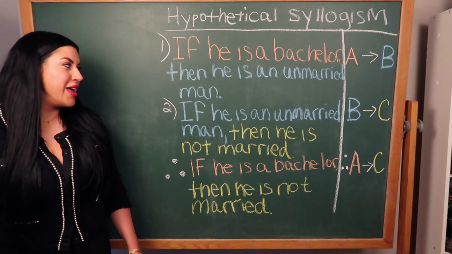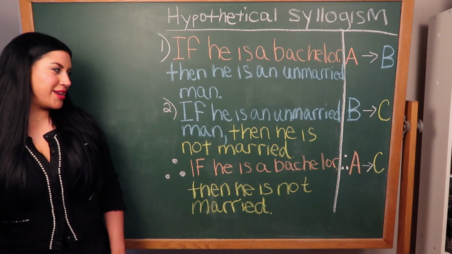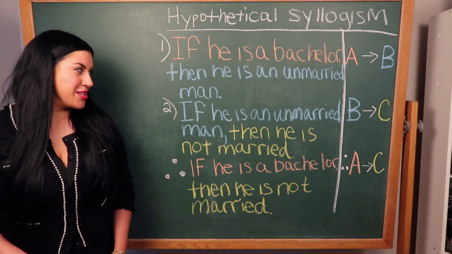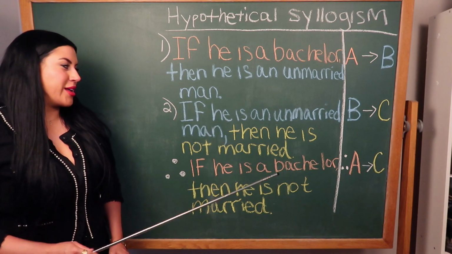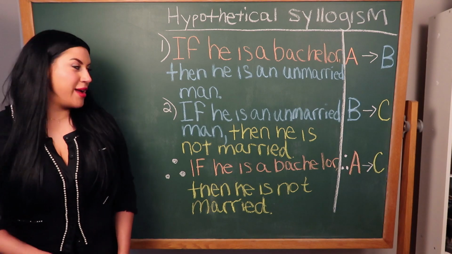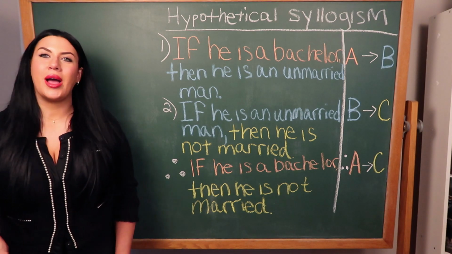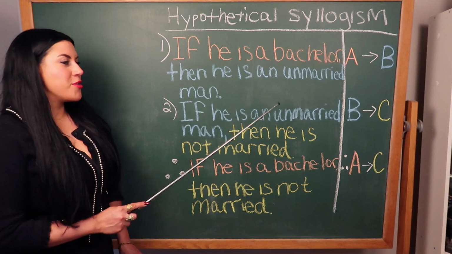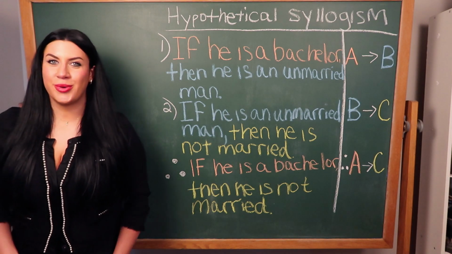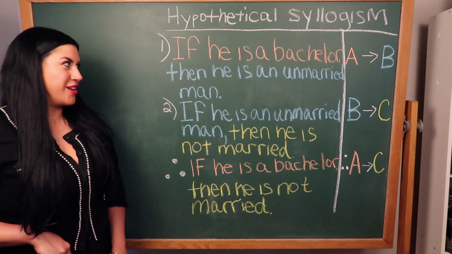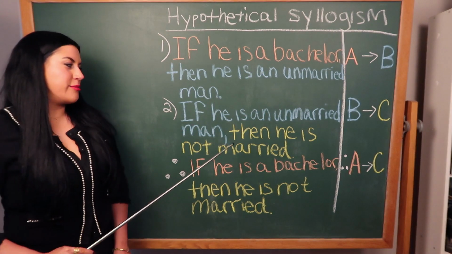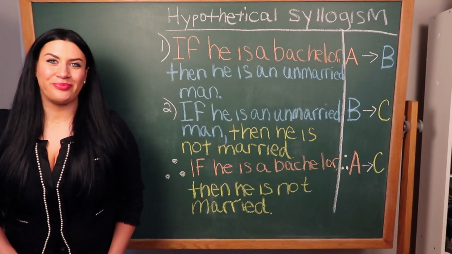Premise 2: if he is an unmarried man, then he is not married. Is there any counterexample to this where someone can be an unmarried man yet somehow be married? The answer is no. Both of these premises are true. By definition, bachelors are unmarried men and unmarried men are not married.